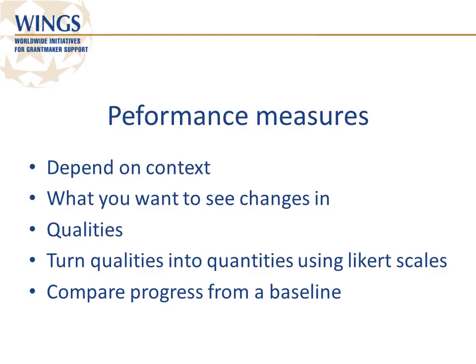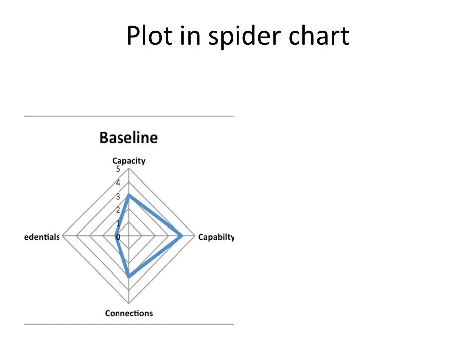We haven't done it ourselves. We've asked people in communities to do that and to argue about those scores and begin to get some kind of norm for them. So what you can then do is compare progress from a baseline. At its simplest, you can plot the baseline in a spider chart. Here's an example where I've got a 0 to 5 scale. You can see capacity at the top, capability on the right-hand side, connections at the bottom.